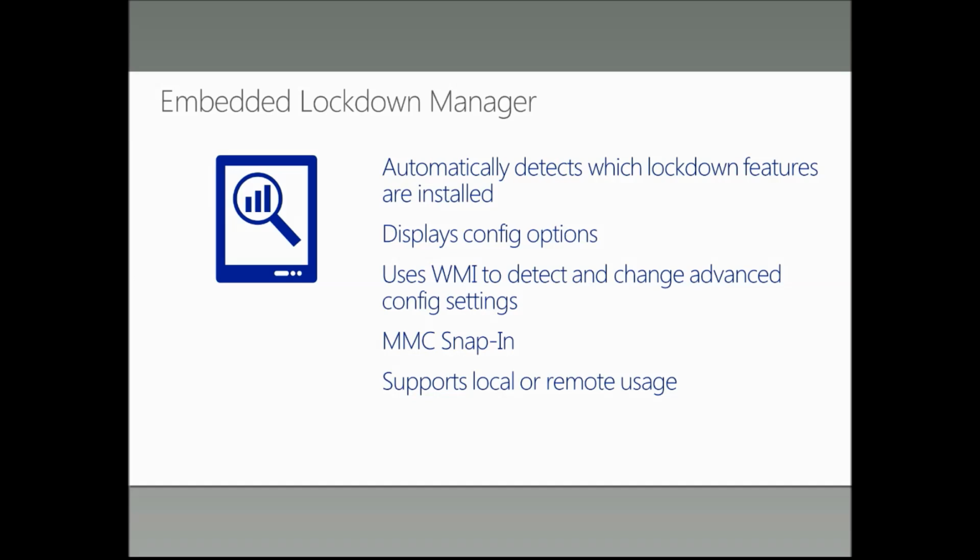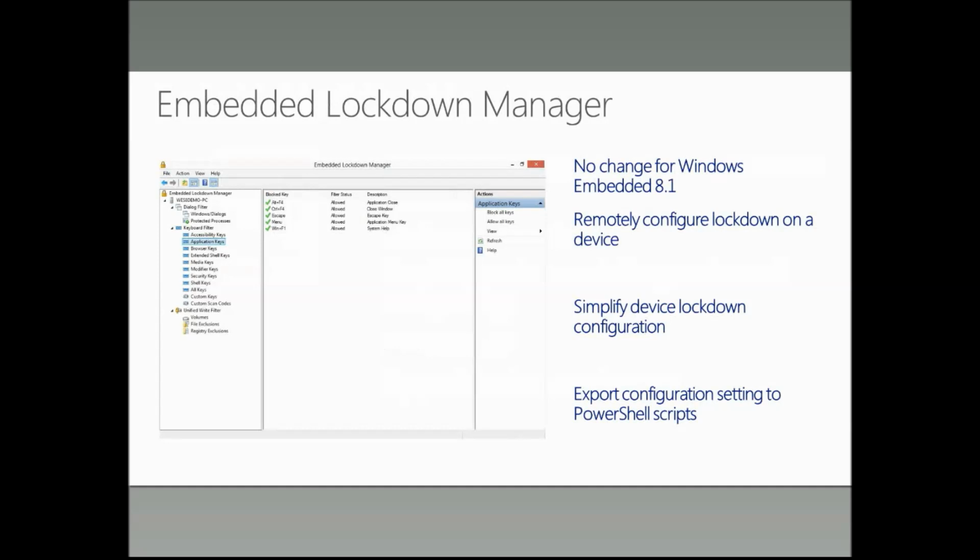So that's just a picture of the embedded lockdown manager. There's no change in terms of how it looks with the recent update we've done. There are new lockdown features that are available. I mentioned it very quickly earlier. When you set this up with a mouse and keyboard with a pretty easy interface, here you see a screen that allows you to block different key combinations.